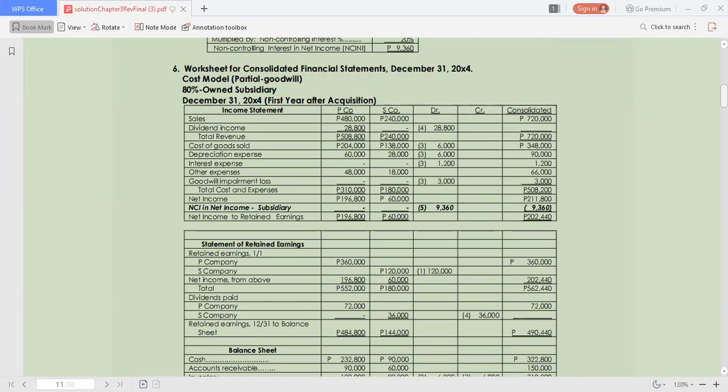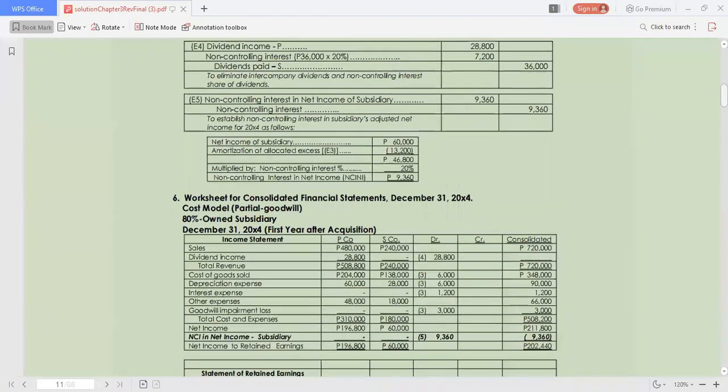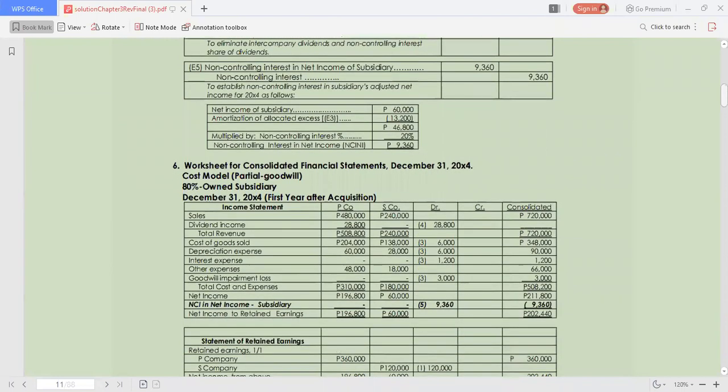Then dividend income is a credit in the books of P. Now we have two debits in E4. We now refer to the numbering above. So E4, debit to dividend income 28,800, debit to non-controlling interest 7,200, and credit dividends paid by S.